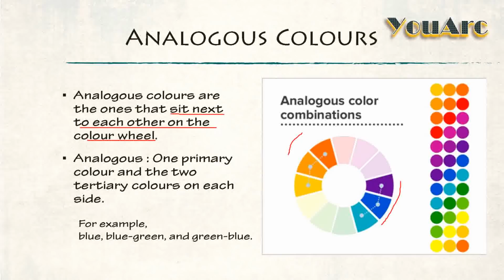See, this analogous combination comes as one primary color and two tertiary colors on either side. So this is all about analogous color combinations. We also have extended analogous colors where instead of three colors, four or five colors may get combined. So they are called extended analogous colors.